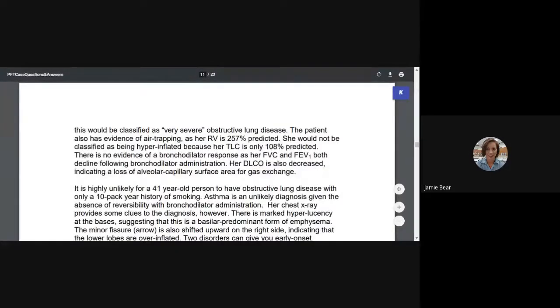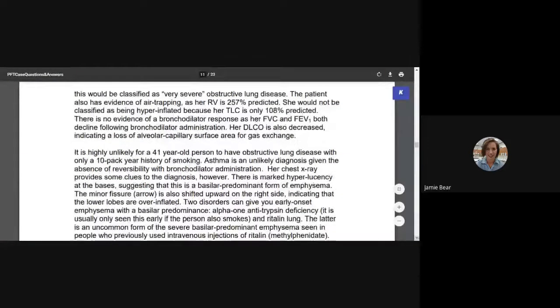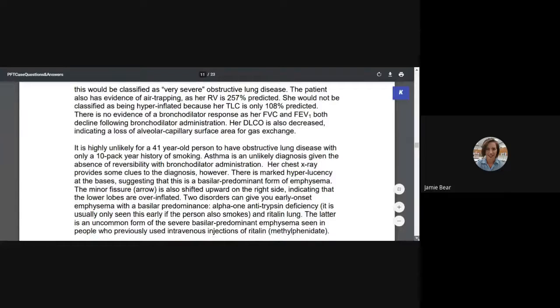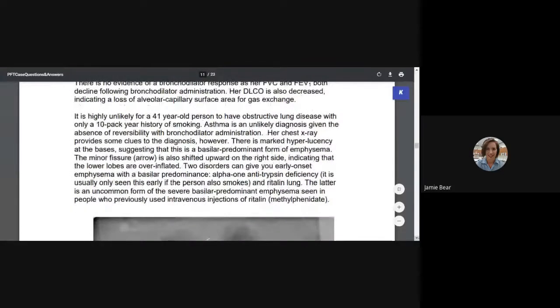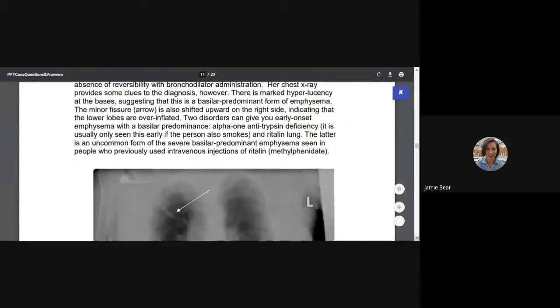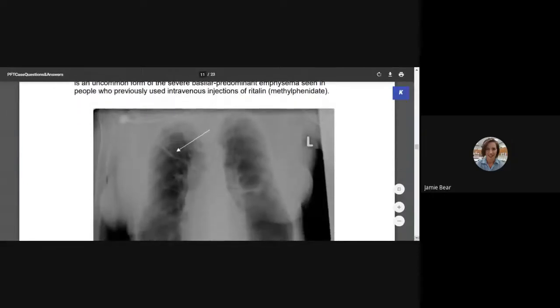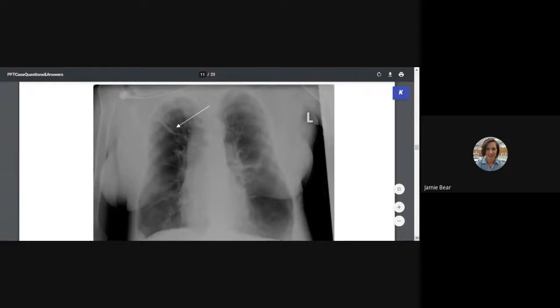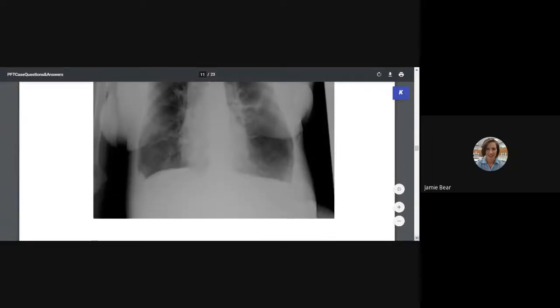Okay, so she is classified as very severe obstructive lung disease. And her DLCO is also decreased, indicating a loss of alveolar capillary surface area for gas exchange. So it's pretty unlikely to have something like this, but with her history, she really had some problems. Okay, so she's got like an emphysema pattern at 41 years old.